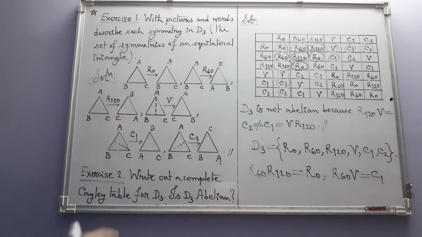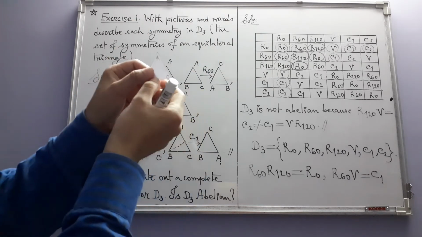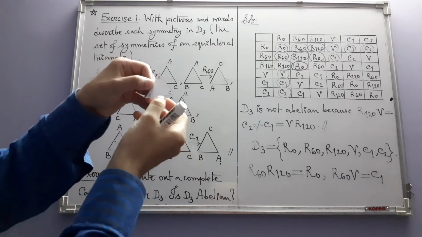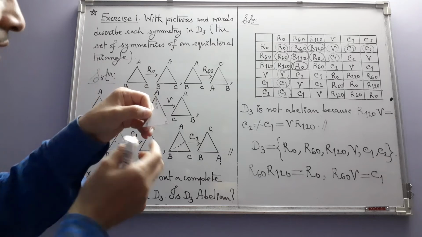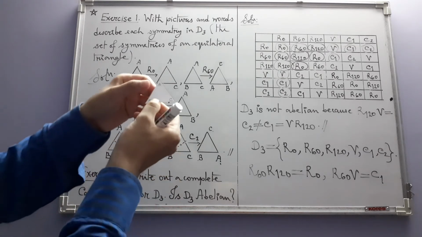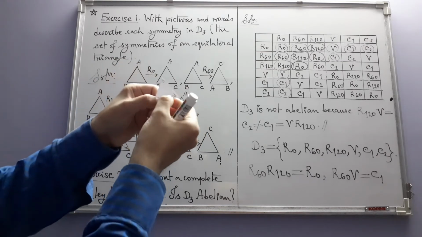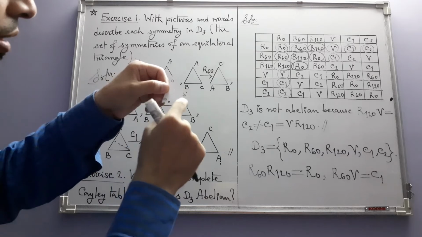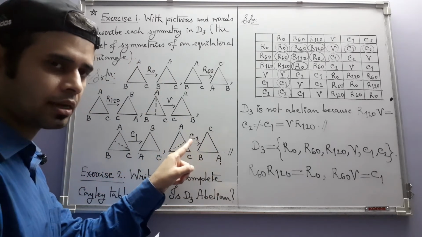Yes. Then R60 C1. ABC, R60 C1, but I have to keep in mind that I perform C1 first. C1 means flipping about this axis, and then R60. CBA. So this is the same as applying C2.